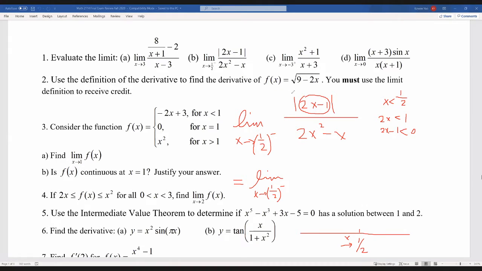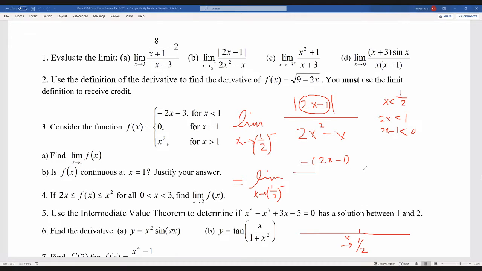So therefore, you can eliminate the absolute value. It becomes what? Negative of 2x minus 1. Because 2x minus 1 is negative, so negative becomes positive. Absolute value is always positive, right? Remember, okay?